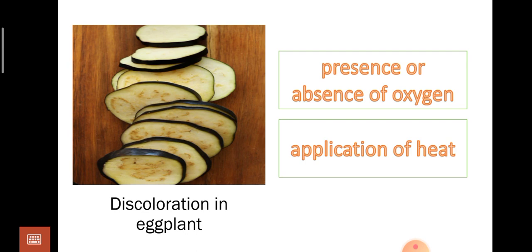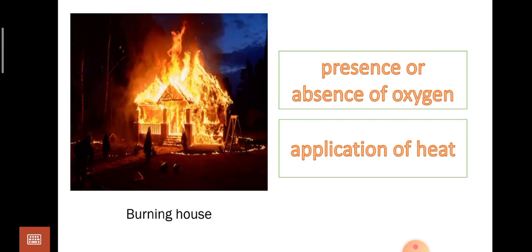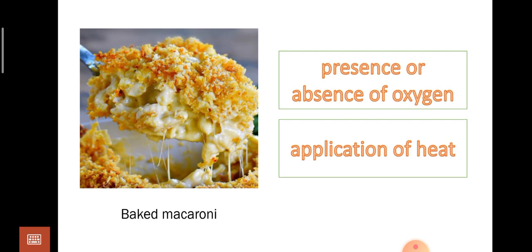So bakit? It's because of the presence or absence of oxygen or application of heat. Burning house. So this one is very obvious. Last one is baked macaroni. Okay? So let's check your answer.